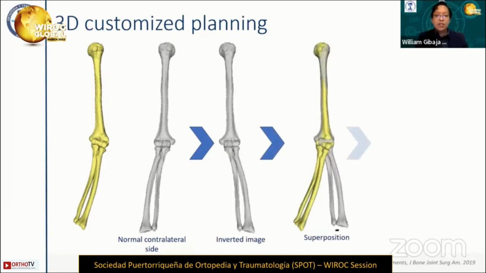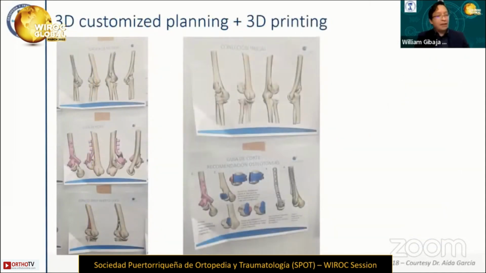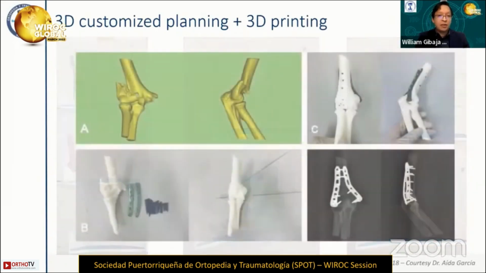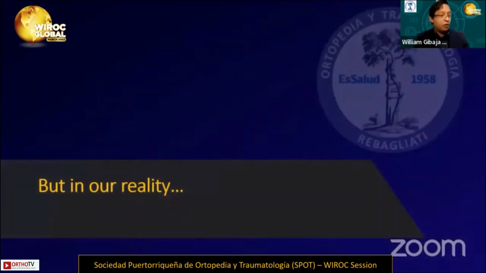They invert the image, they merge those two images, and they plan the cuts with this very sophisticated software. They can even design specific customized implants for these complex cases. It looks very beautiful and very useful, but these are not things that we have available in our country, and probably it will take so much time for us to achieve that.